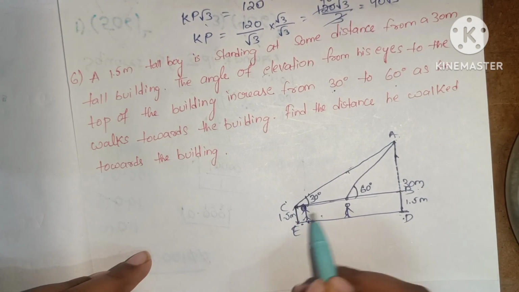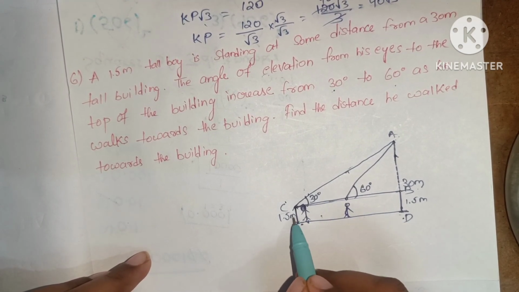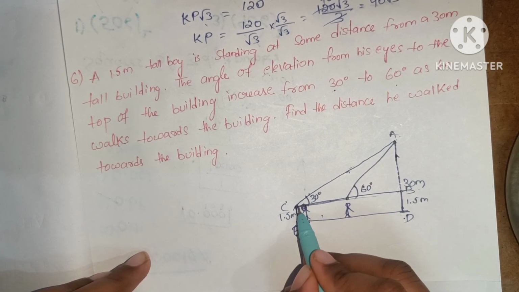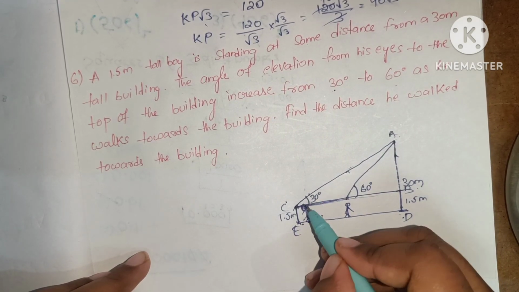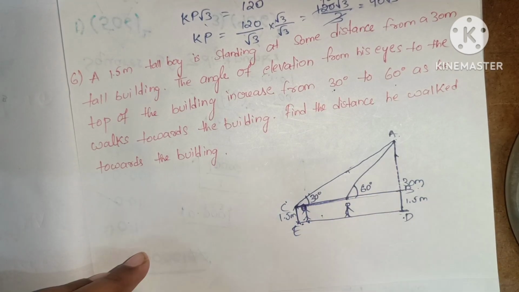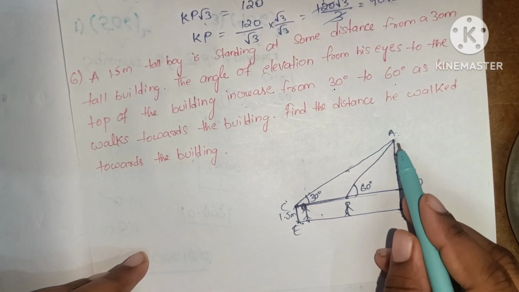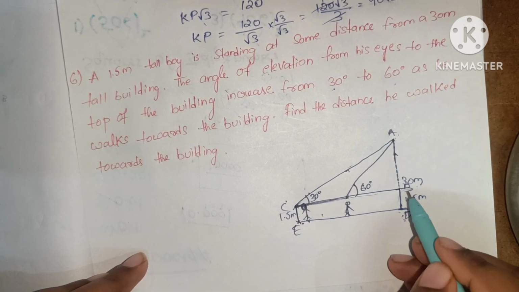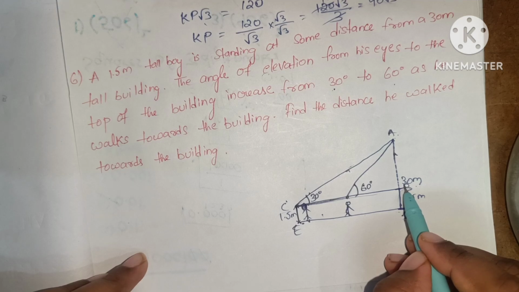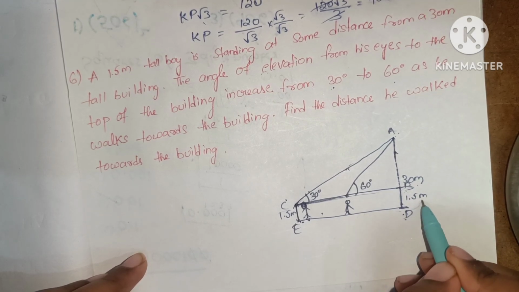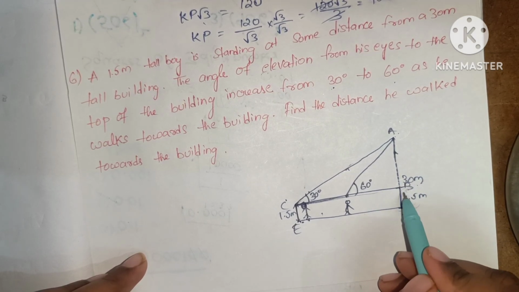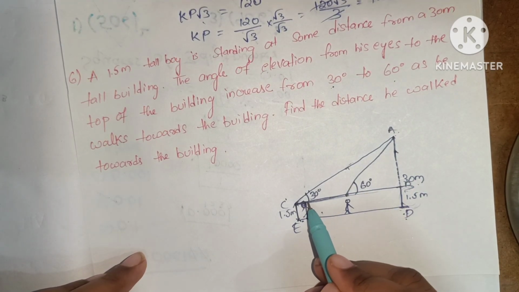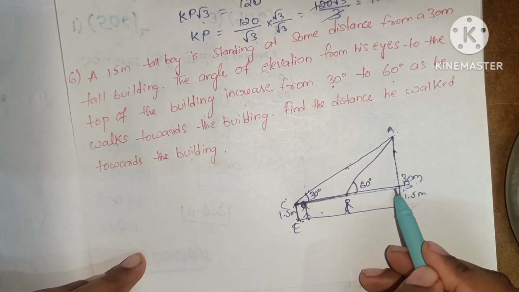The person was standing in front of it. Here 1.5 meters is the person's height. I drew this horizontal line from his eye, and from his eye I drew the angle of elevation. That means you have to subtract this to get AB. AD minus BD, then you will get AB. You need not include this BD, because this is the person's height also. From the observer's eye you drew the line. That's why you will take this as the adjacent side.